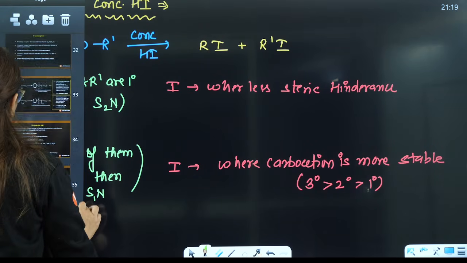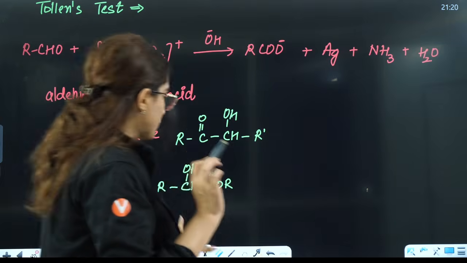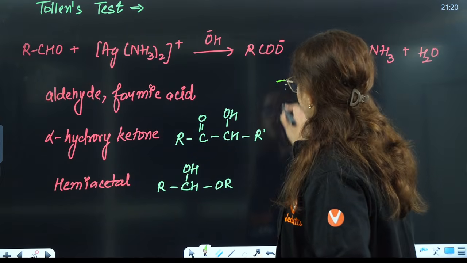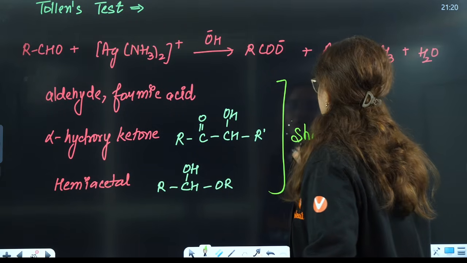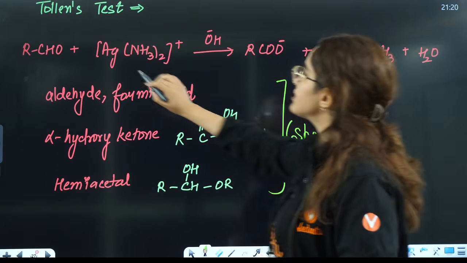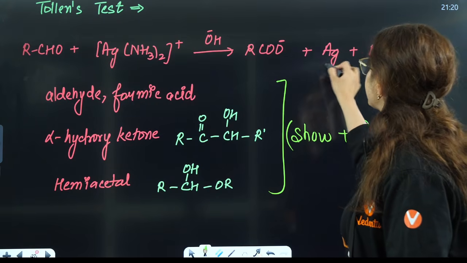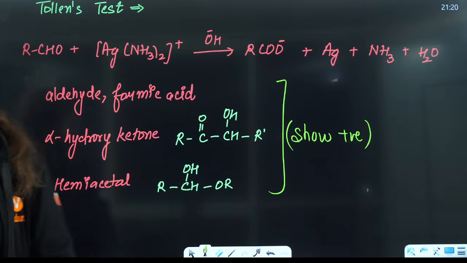I'll firstly show you Tollen's test here because as I have started the test, I'll continue with the distinguishing tests only, right? So as I told you, all of these will show a positive Tollen's test, and the reaction is RCHO with silver ammoniacal solution, which gets converted to Ag. This is the overall reaction that you have, right?